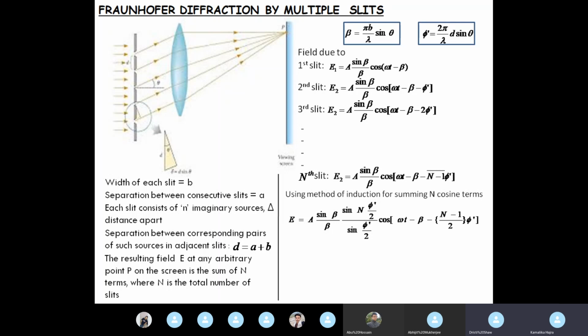And we are not interested in this term. We are interested in the amplitude because it is the amplitude that will decide the intensity.